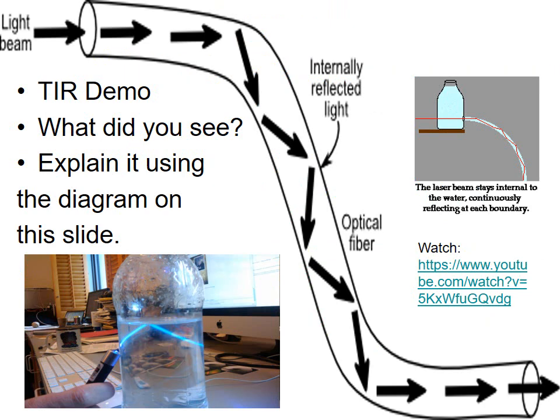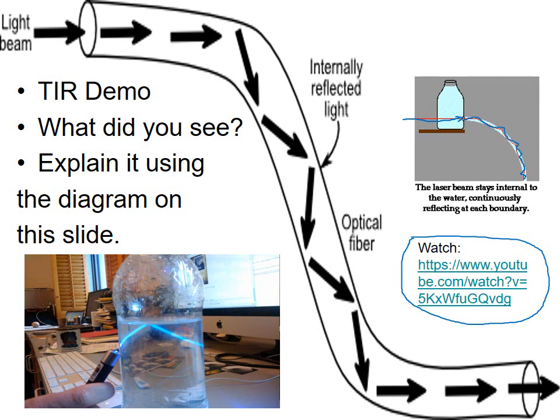So I want you to quickly watch the demonstration done at this video link here. You'll notice a laser pointer shining through a bottle of water with a hole in it, and the beam of light from the laser will stay trapped within the water that's leaking out of the hole from the bottle. That there is an example of total internal reflection.